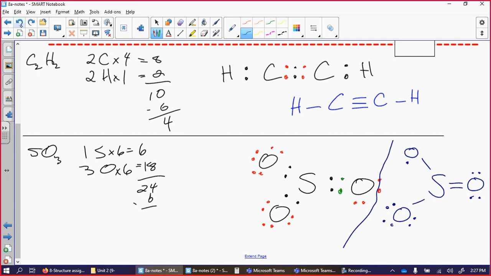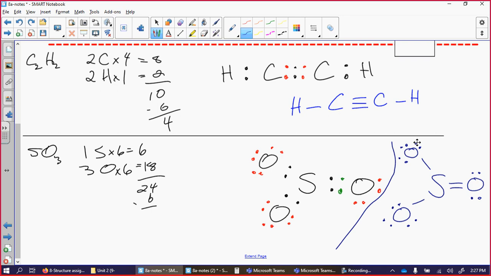That's going to drive me nuts, so I've got to take it out. Oh dear, that erased a lot. So this is the Lewis structure for sulfur trioxide, which is an industrial chemical.